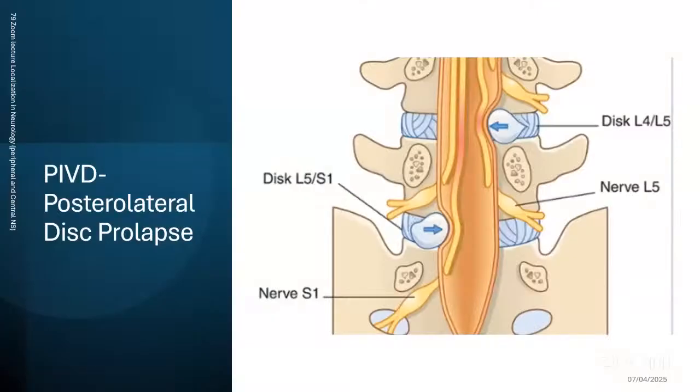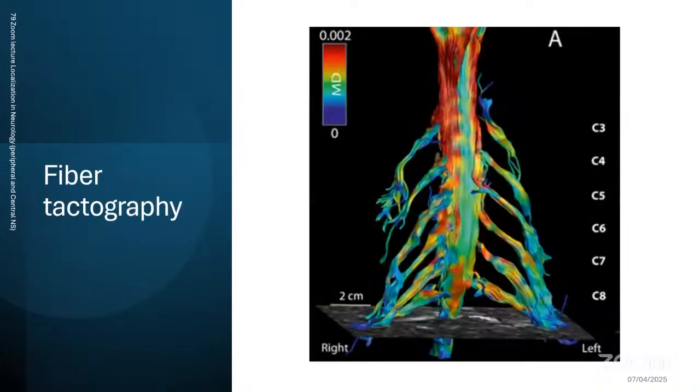And if you see the sagittal plane, you see the L5 S1 disc is pressing on the nerve and the S1 is coming out, exiting here, but it exits below the vertebra. So you see how the disc is pressing on the exiting nerve root.